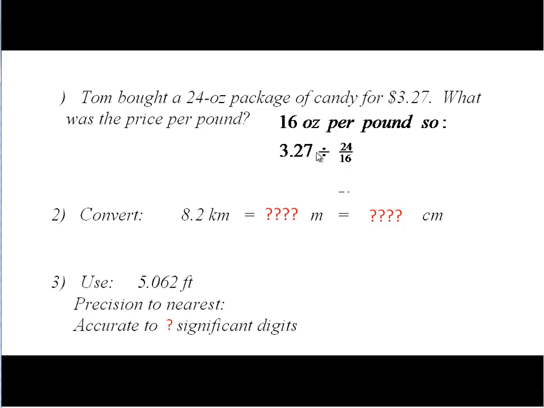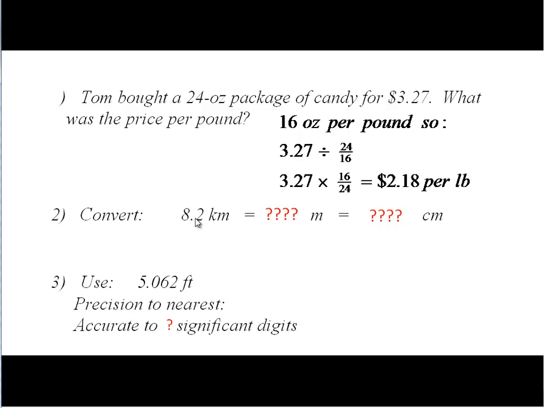So you take 3.27, your price, per means divided, and you have 24 ounces out of 16 to convert it to a pound. Now in order to actually work that, take 3.27 times, and we flip the second fraction over when we divide. So it's 3.27 times 16 divided by 24. Should be, I believe, 2.18.